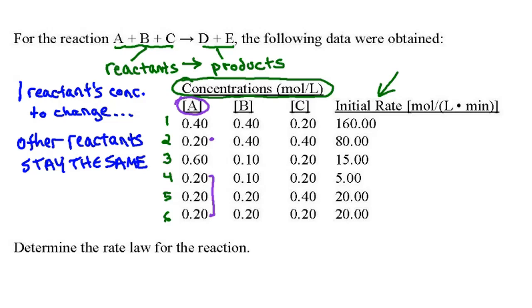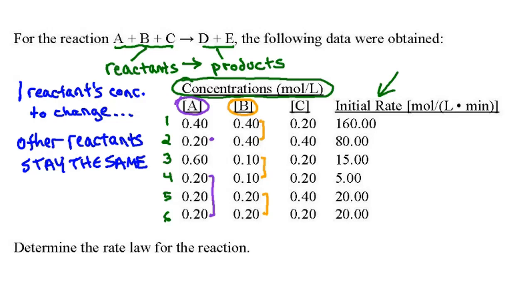Now B, let's use a different color for B. B stays the same between experiment 1 and 2. It's 0.40. It also stays the same between experiment 3 and 4. That's 0.10. And it stays the same between experiment 5 and 6. That's 0.20.